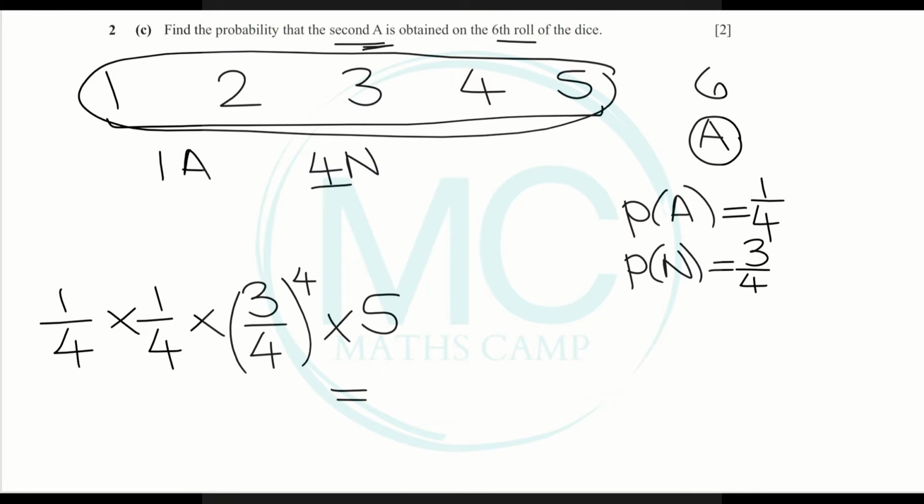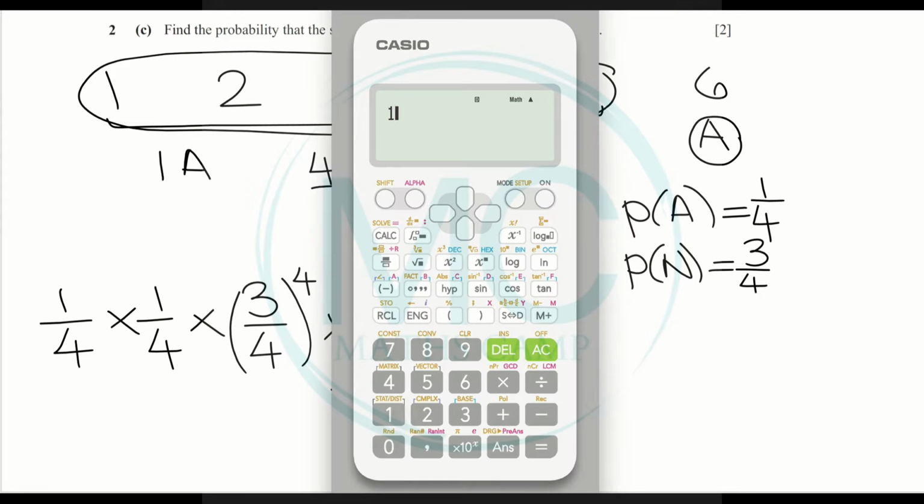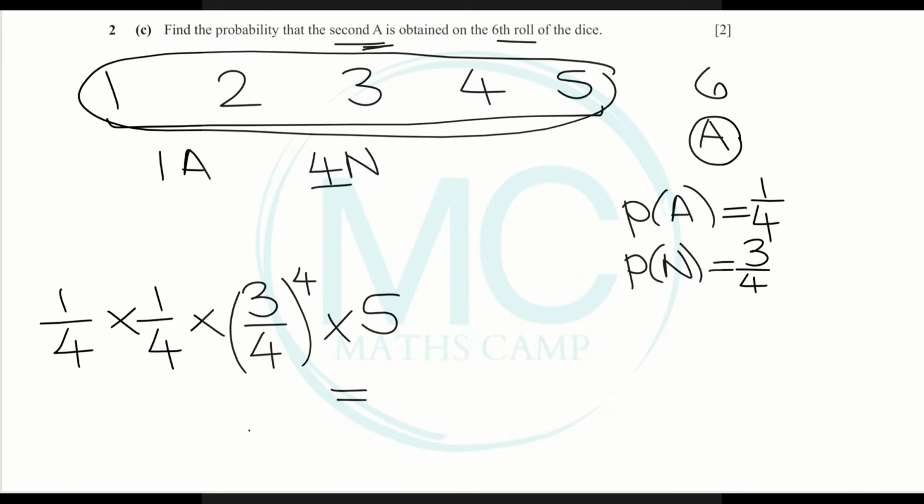Now I can take my calculator and I can say 1 over 4 multiplied by 1 over 4 multiplied by 3 over 4 with an exponent of 4 multiplied by 5 is equal to 405 over 4,096. This is the probability that the second A was rolled on the 6th turn.